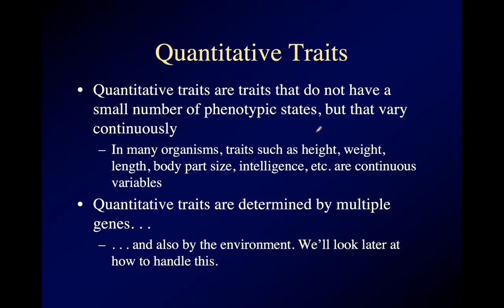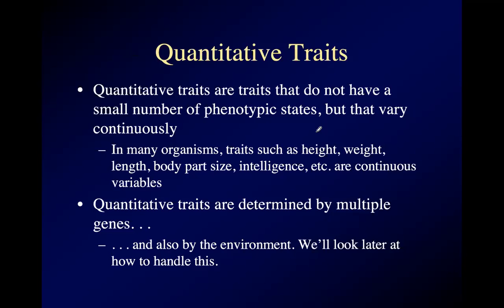And so height, weight, length, size of body parts. If I was to measure the size of your head or the length of your arm or something like that, that would be another quantitative trait that varies continuously over a range. And intelligence, however you measure it, also varies continuously. You know, we're not all either geniuses or dummies. Most people are kind of in between, and then we have outliers in either direction.